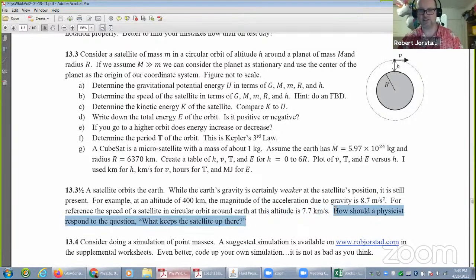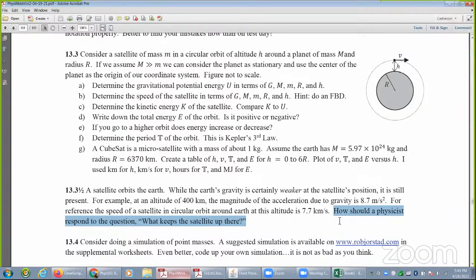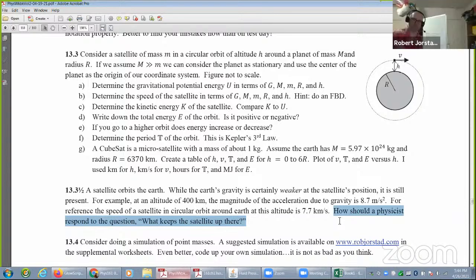And then the question is, how should a physicist respond to that question? Because obviously kids always ask you, what keeps the satellite up there? What do you think a physicist would say to that question? Or what do you think a physicist should say? Is there something that keeps it up there?